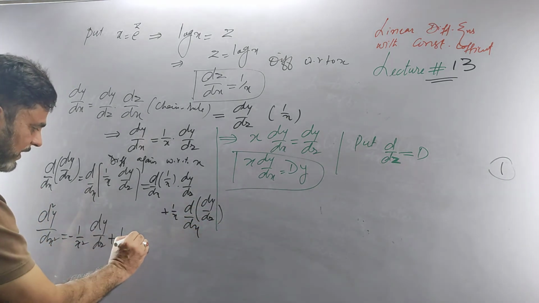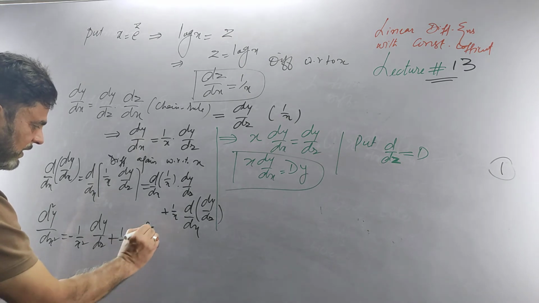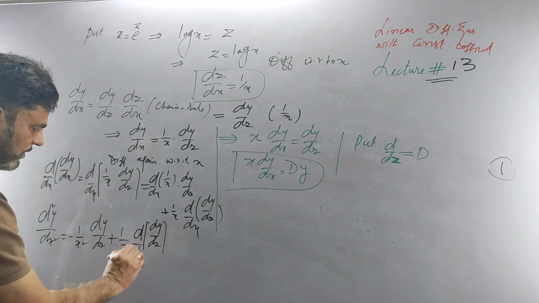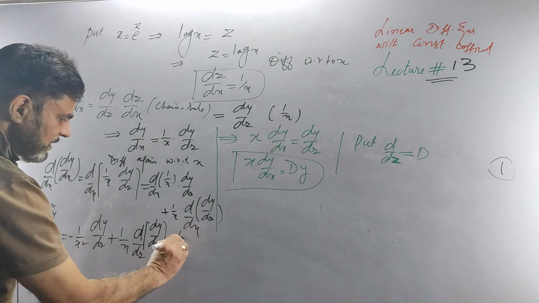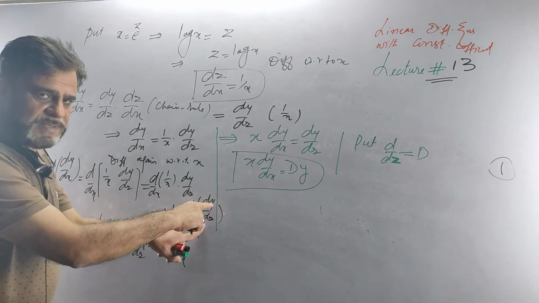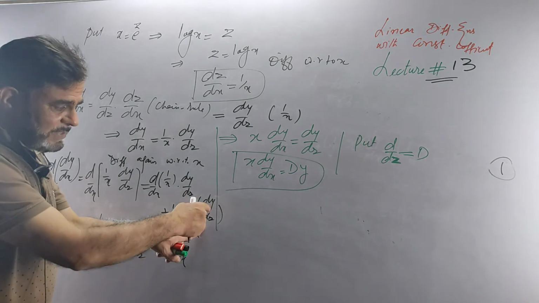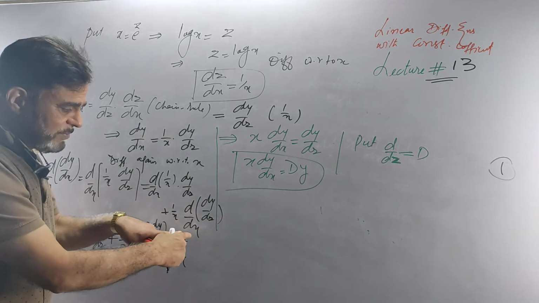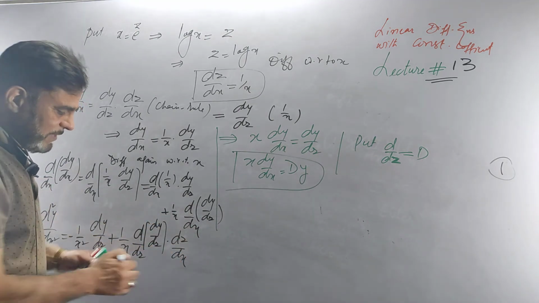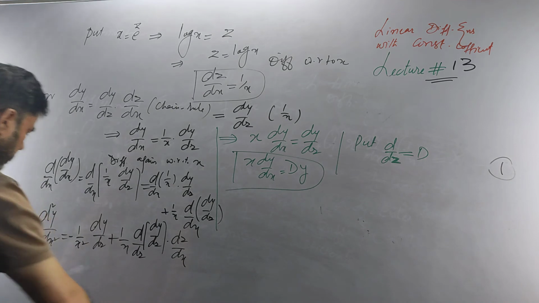I will write here the derivative of dy by dz with respect to z into dz by dx, because I need the derivative of dy by dz with respect to z, only then it is d2y by dz square. But when we differentiate this with respect to x, we use the chain rule with respect to z, dz by dx. This setup is here.